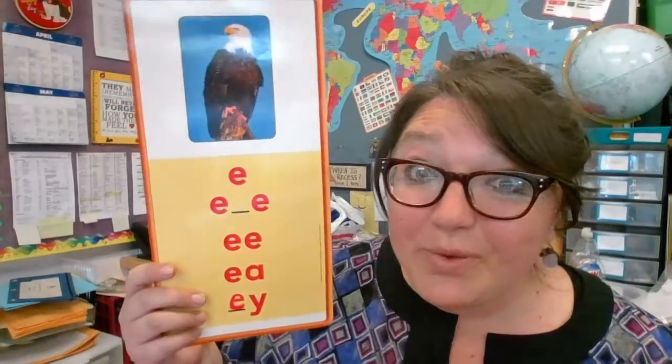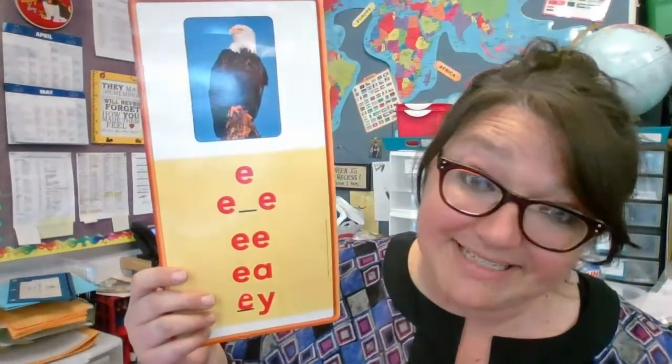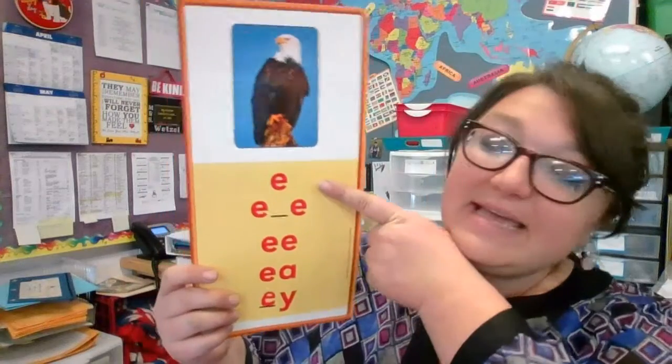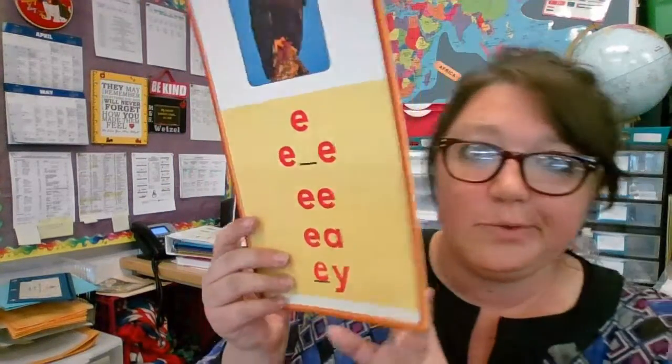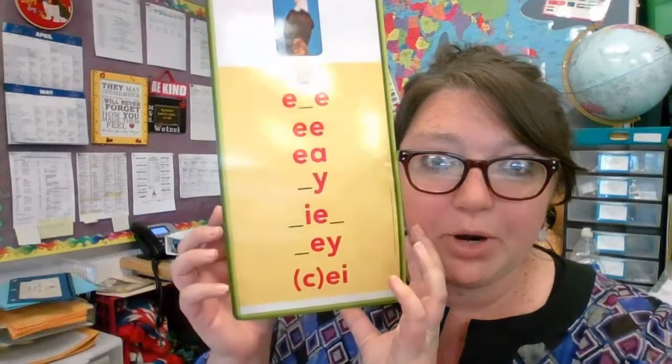But there's more! Yesterday I thought that your brains had had quite enough learning with all that new stuff that I tossed at you, so I saved this last phonics sound and these patterns for today. We have already learned a whole bunch of ways to spell that long E sound. E by itself, E with a magic E, double E, E-A, E-Y. Well, did you know that there's actually a whole bunch more?